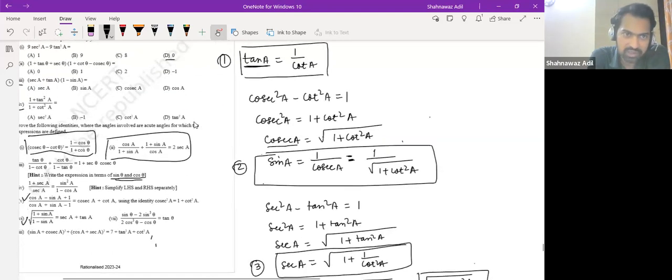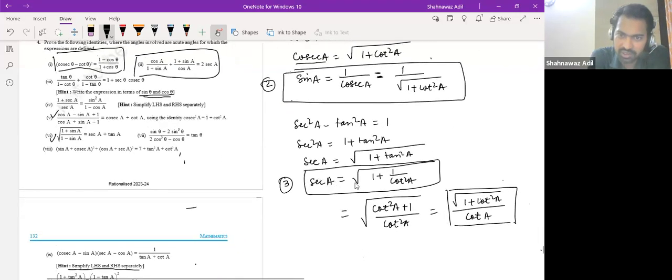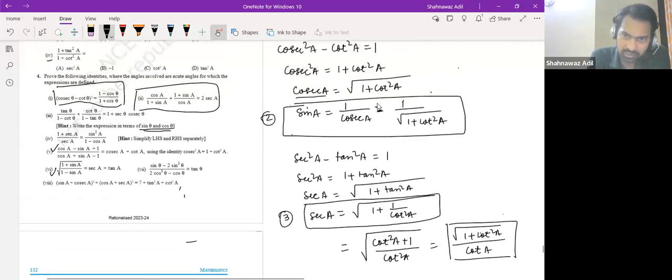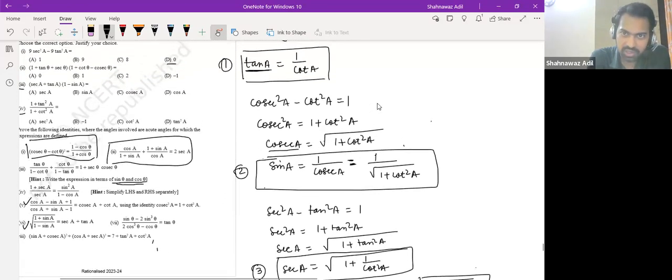This was the first question: express sine A, sec A, and tan A in terms of cot A. Please note it down, and if it is not clear, then please ask me again.